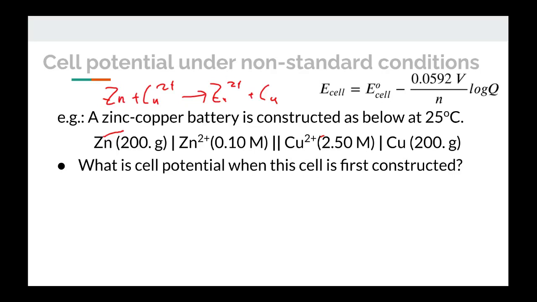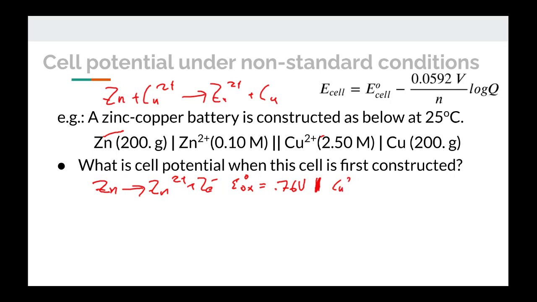What's the standard cell potential? Well, we have seen earlier that when zinc is oxidized to zinc 2+ and releases 2 electrons, the standard oxidation potential is positive 0.76 volts, because the reduction potential for the reverse reaction is negative 0.76 volts. Remember, you can look that stuff up in tables.